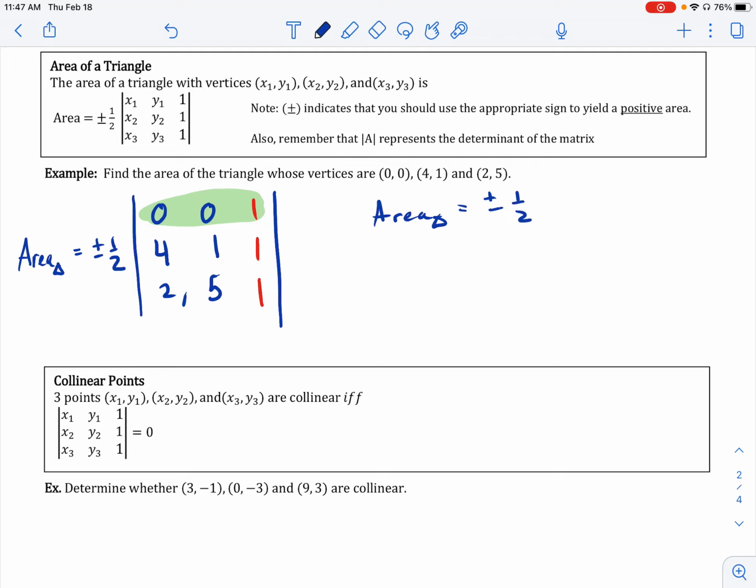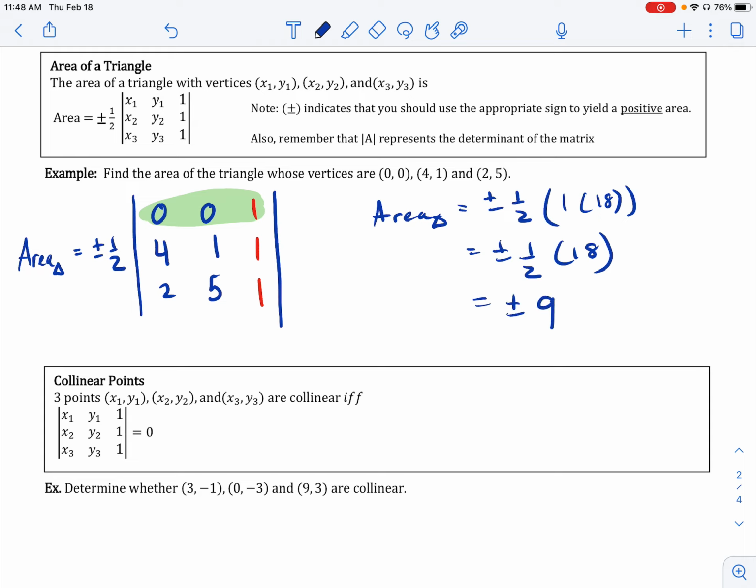So if I ignore the first two entries in my first row, because everything multiplied by 0 is just 0, I can just say that, all right, well, 20 minus 2, well, that's just 18. So 1 times 18, well, that's plus or minus 1/2 times 18, which is plus or minus 9.